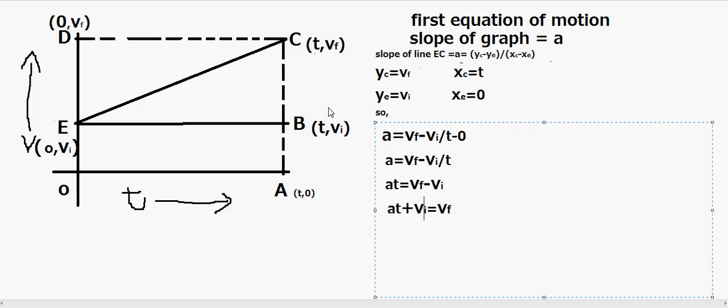Arranging the whole equation, we will get Vf equals Vi plus aT.